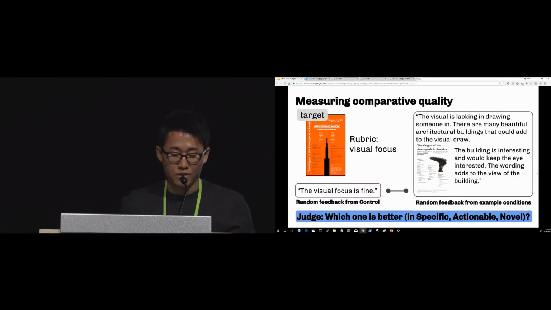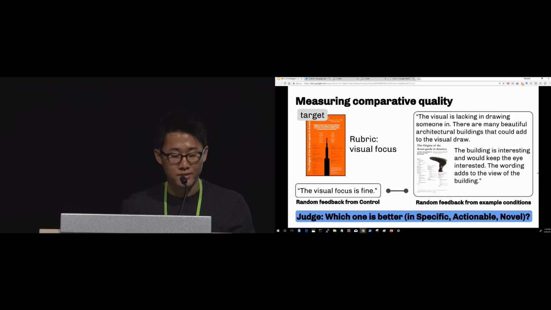After the feedback was collected, we randomly paired 2 pieces of feedback to measure the comparative quality. For example, on the left is shown an example feedback from the control condition, which does not include any supplementary example. On the right is an example feedback from one of the example conditions, which does include a supplementary example in it.